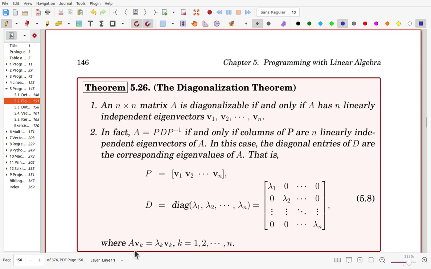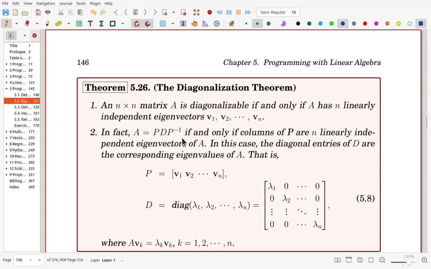Here now, A v_k is lambda_k v_k. So lambda_k and v_k are eigenvalue, eigenvector pairs. So it must be matched, the order must be the same. Then we can write A is P D P inverse.